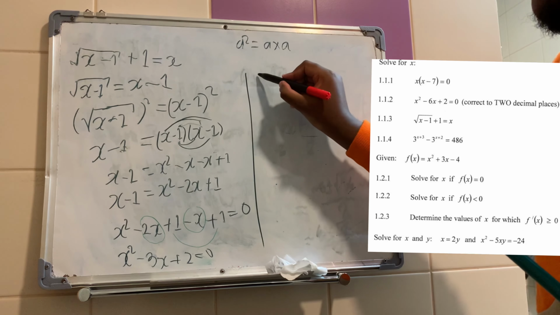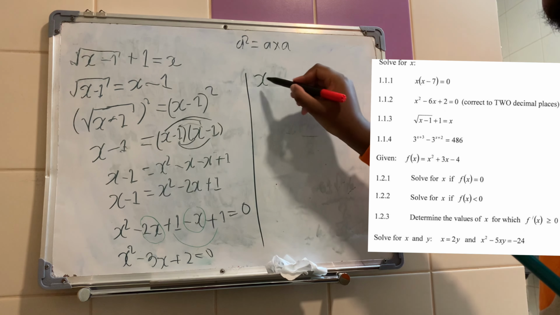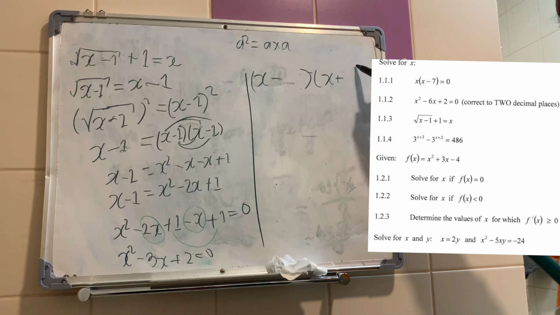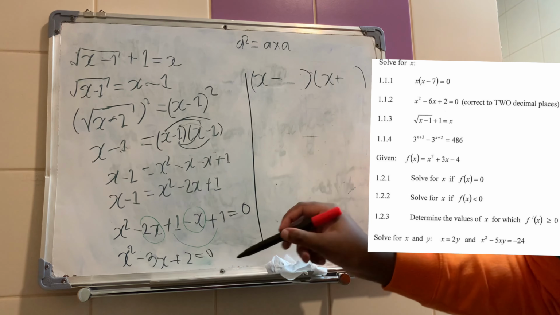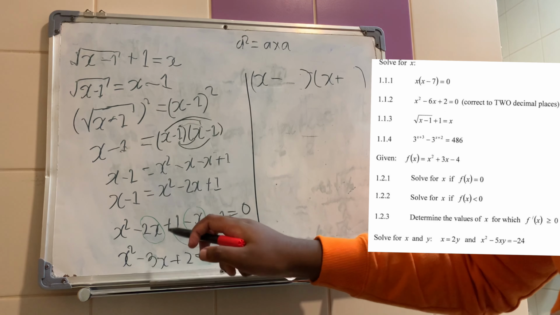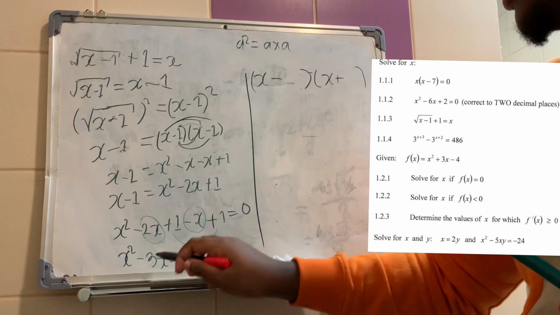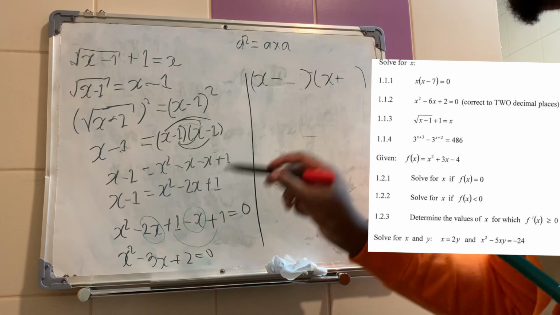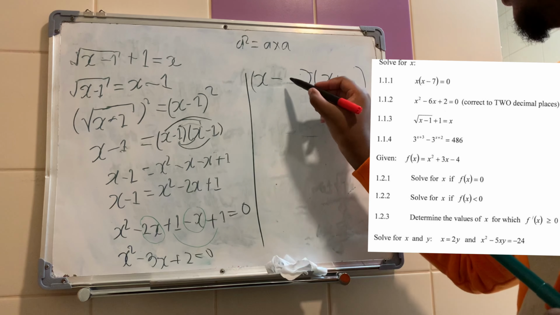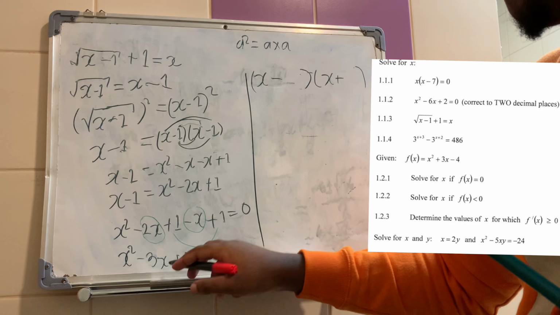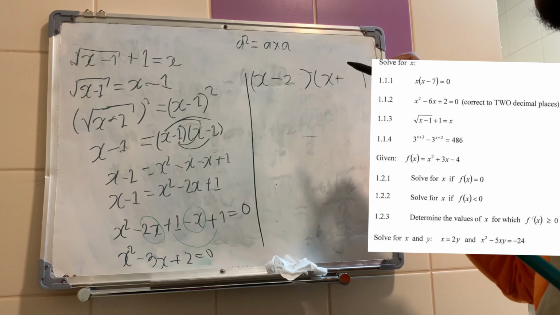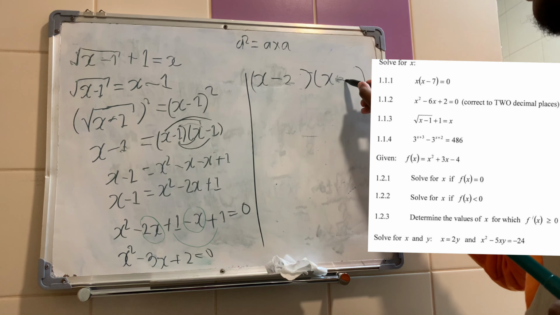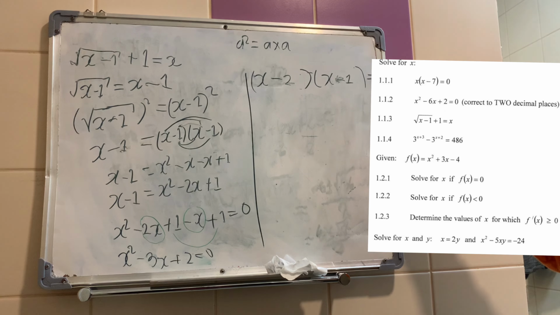So you're going to have x minus 2 and x minus 1 is equal to 0.